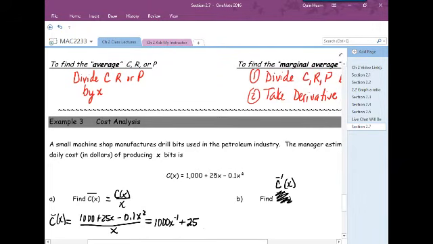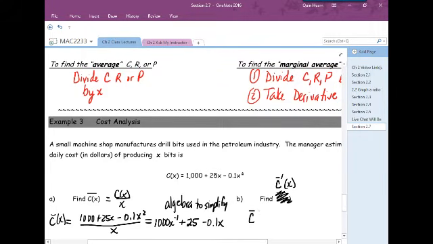And we can divide negative 0.1x squared by x and get negative 0.1x. All right, so this is not the derivative. This is using algebra to simplify before we actually take the derivative.